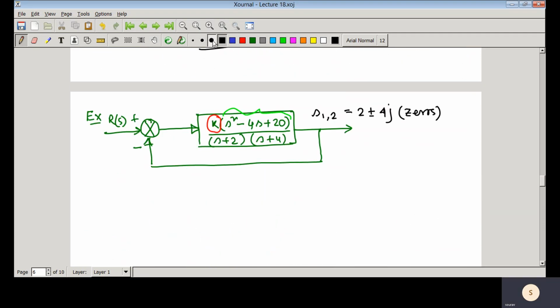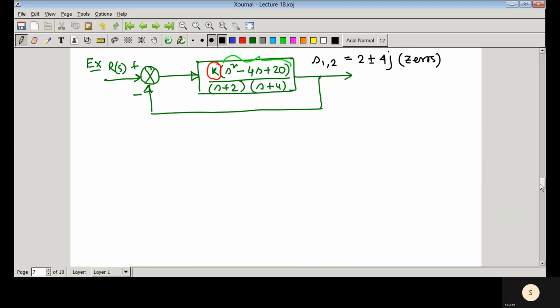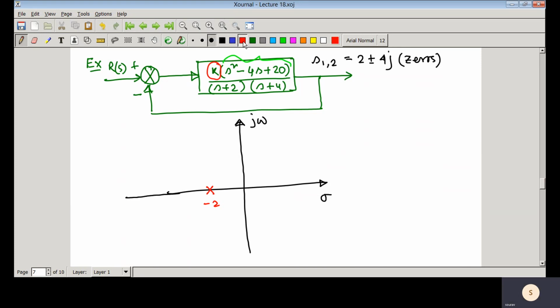So let us first draw the root locus here. This is sigma and this is j omega. You have two poles, one at -2 and another at -4.